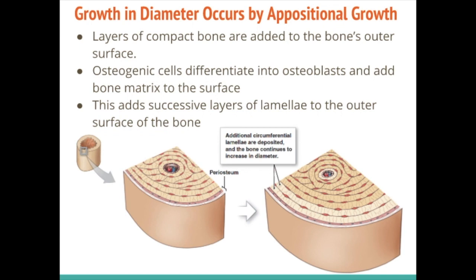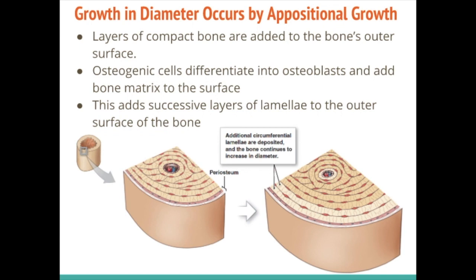Similarly, when we look at a cross-section of bone, we can see a history of growth here as well. In this case, rather than rings of carbohydrate material, we're adding rings of collagen and minerals to the bone. This appositional growth is produced by osteogenic cells in the inner layer of the periosteum, and they will differentiate into our osteoblasts, which should come as no surprise, since if we're laying down bone, osteoblasts must be involved.